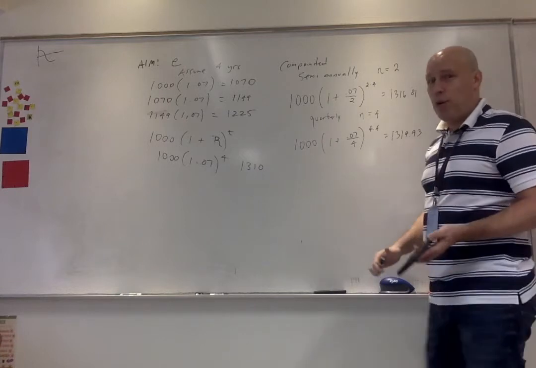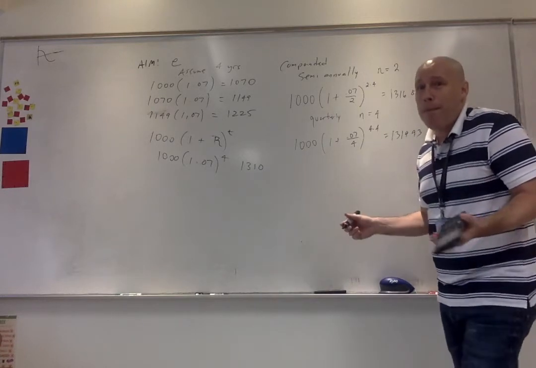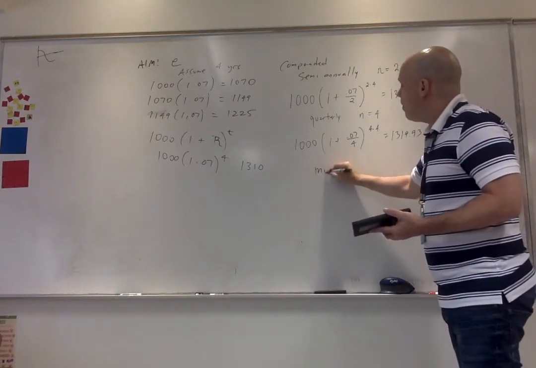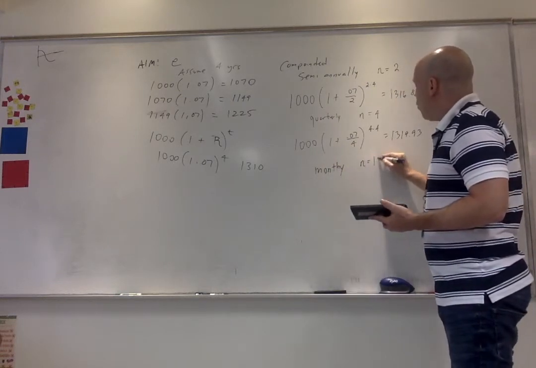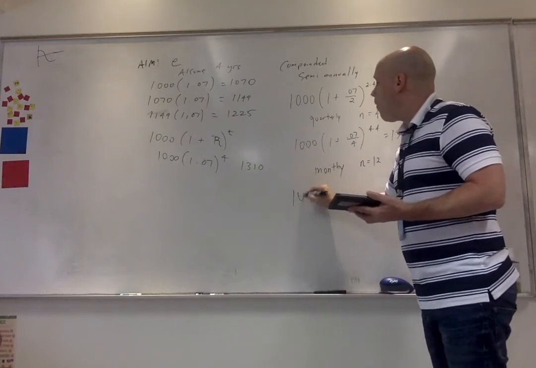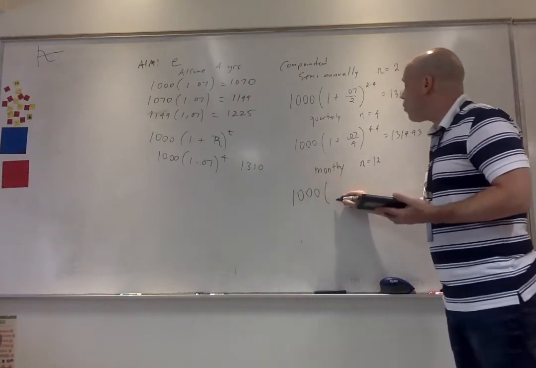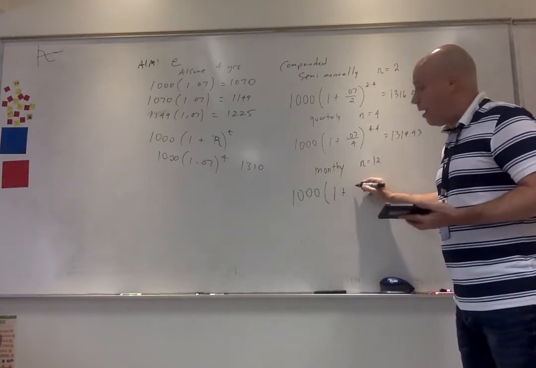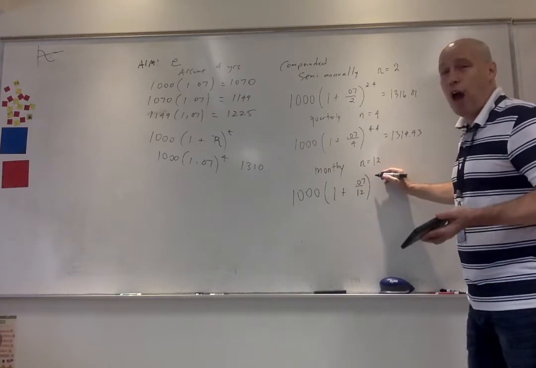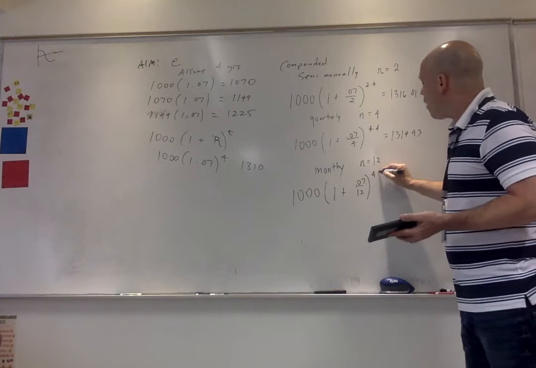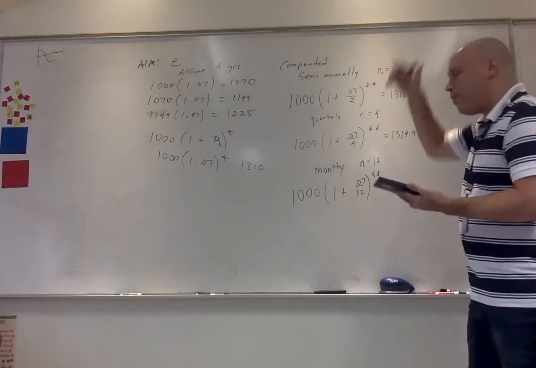Well, if I can do it quarterly, I can do it monthly, right? I can do it monthly, and n equals 12. So if my money is $1,000, I'm dividing my rate by 12, but now I'm doing it 12 times a year, or 48 times. This number is going to get really big, right?